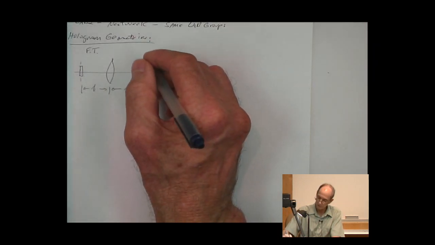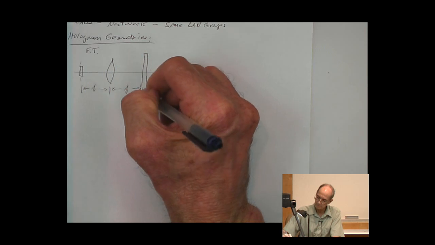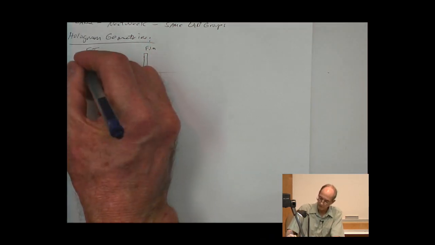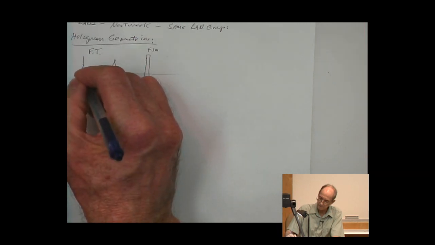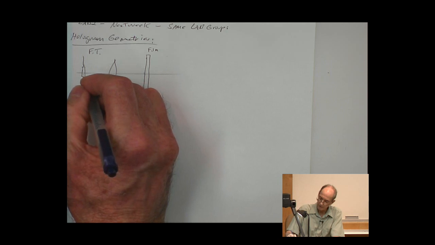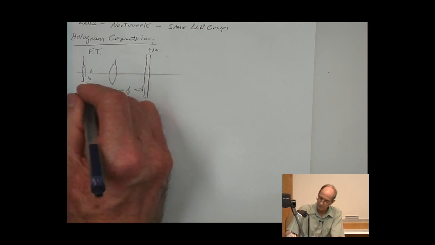And so here, again, we place the film in this back focal plane, and here there's an aperture essentially, and then we have displaced a little hole down here, right?